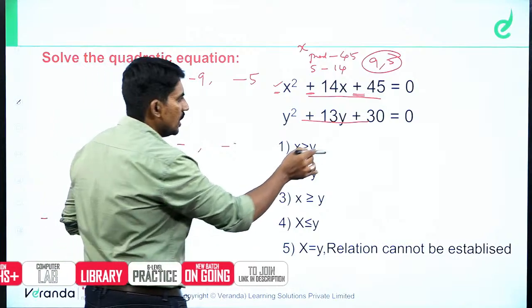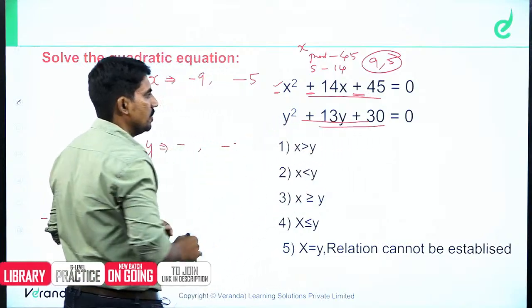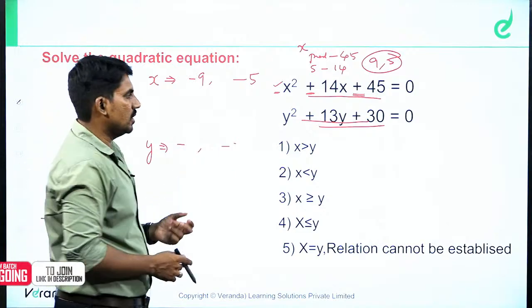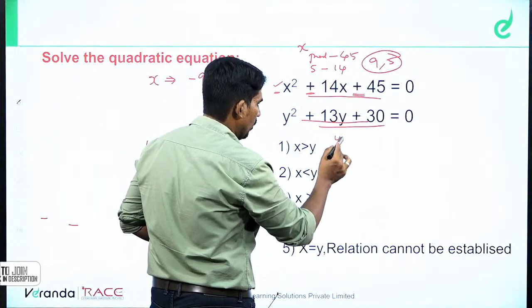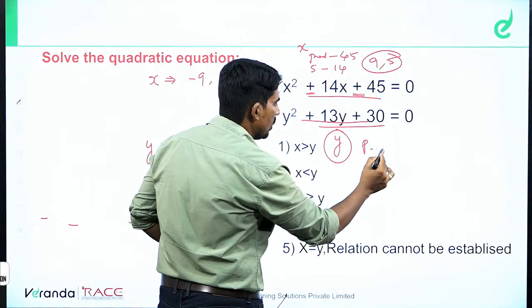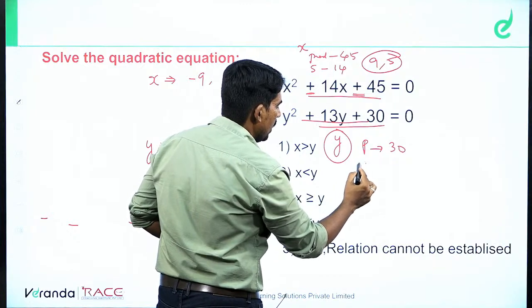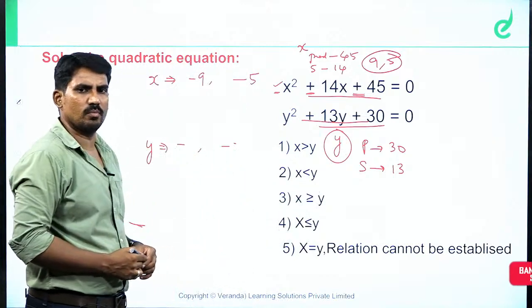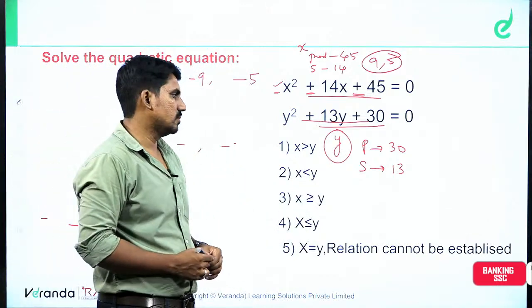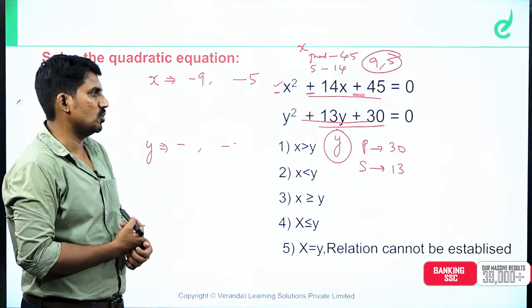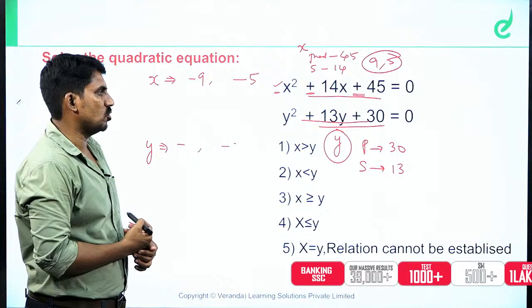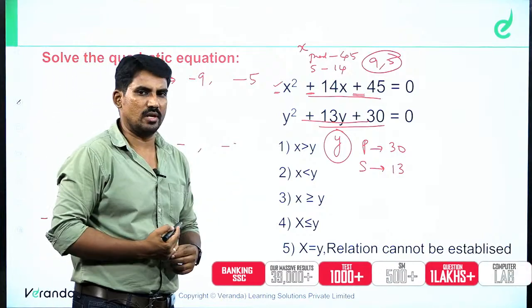Now, do this: y squared plus 13y plus 30. How can we approach? Here we have to find the y value. The product should be 30 and the sum should be 13. Which two numbers can we choose? The product should be 30 and the sum should be 13.